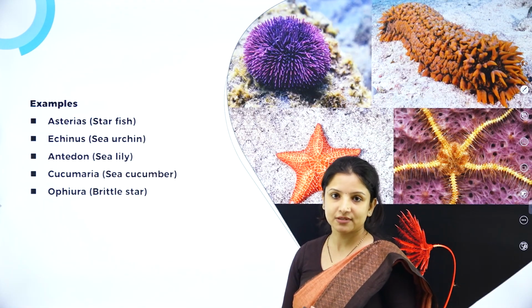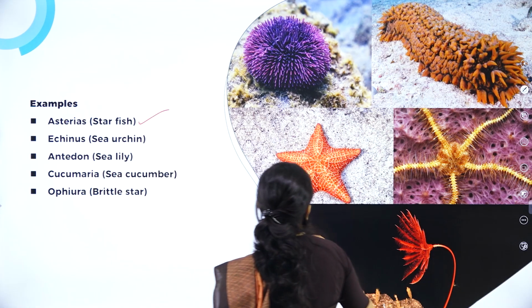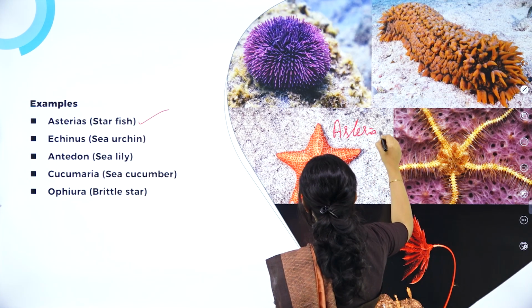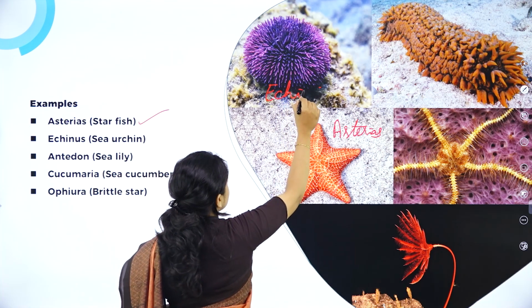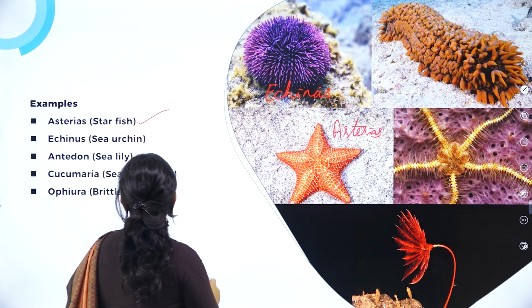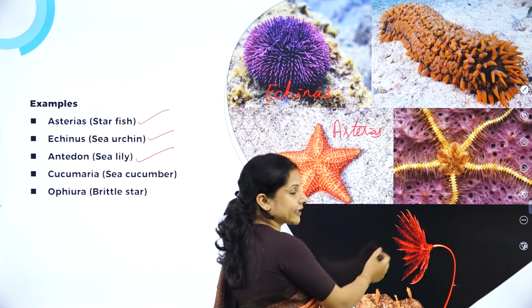Some of the examples under echinoderms: asterias, which is starfish. So this is asterias, starfish. So this is echinus, which is sea urchin, and sea urchin can be of different color. Then we have antedon, that is sea lily. So it looks like a lily flower.